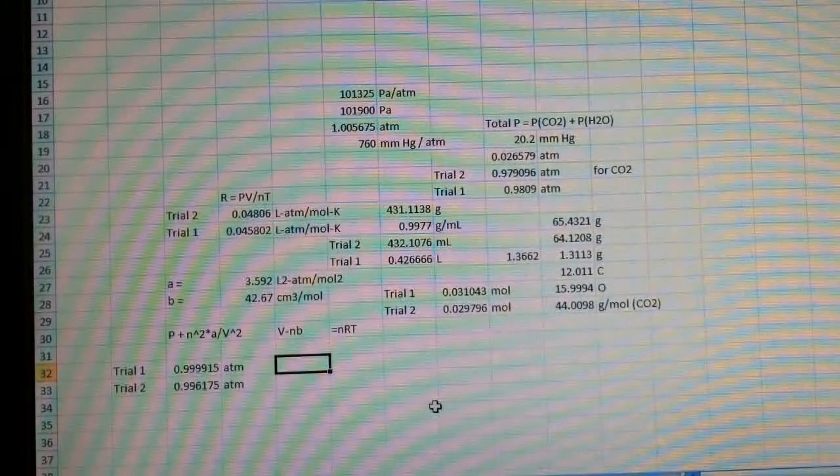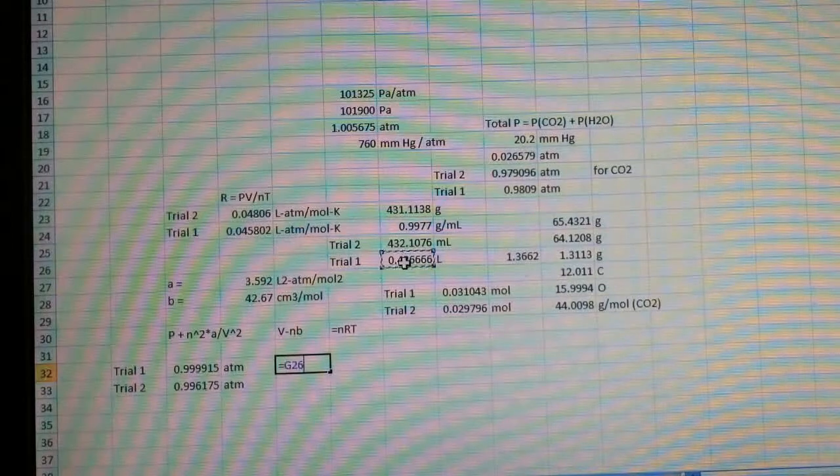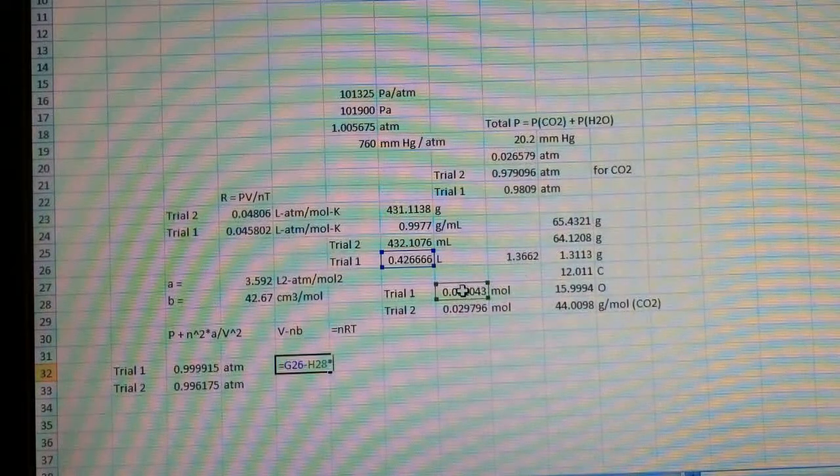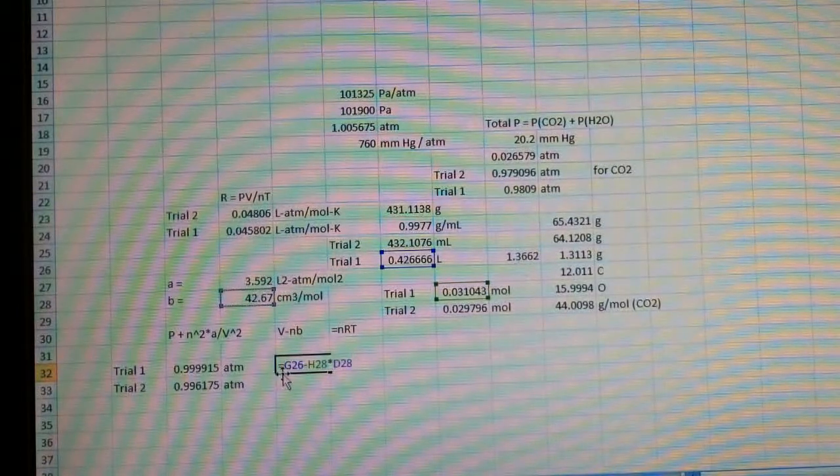Okay, so the volume for trial 1, we take that volume in liters minus the moles times my constant B. Okay, now here's where we have to again pay attention to our units. We're in liters and moles.